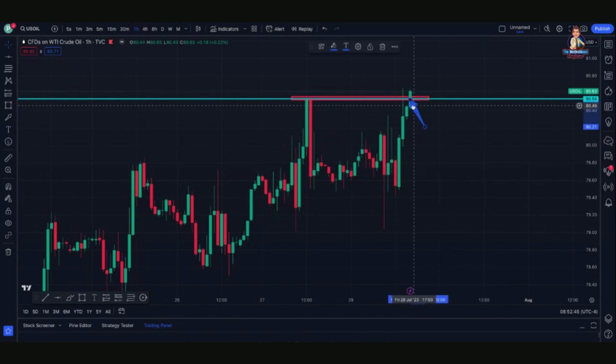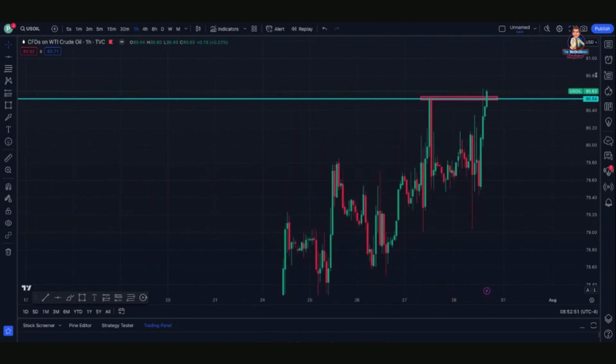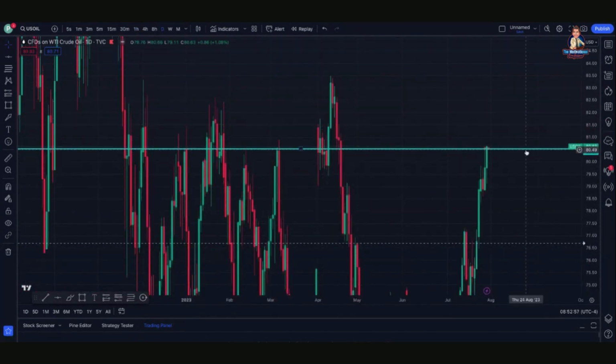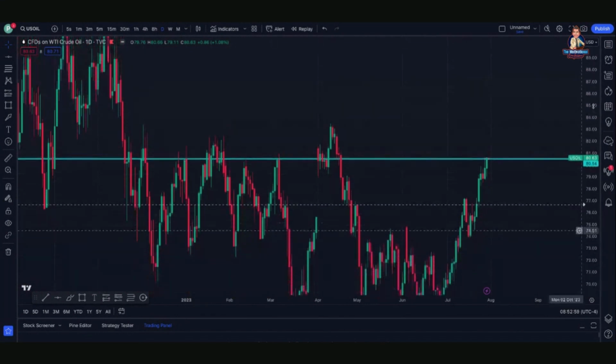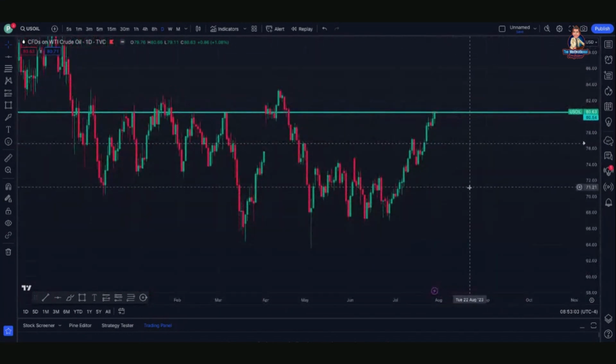So let's go ahead and get rid of this arrow, because this is where we are at right now. Okay, so the first thing I want to do is drop this down a little bit, and I'm going to be giving you a different perspective as we move forward with where we are at with our time frames. So I'm going to start here on the daily time frame, and I really want you to pay attention to what we are charting up here.